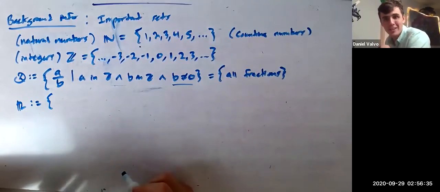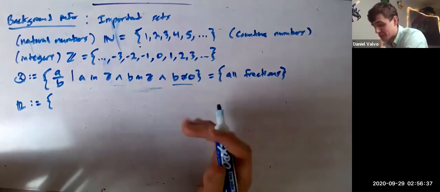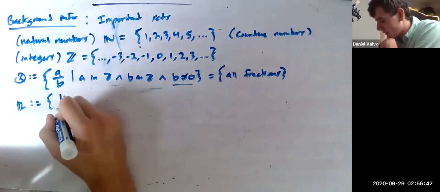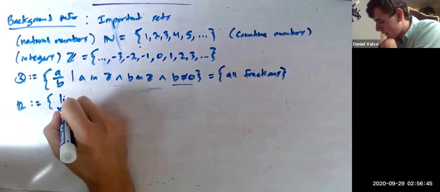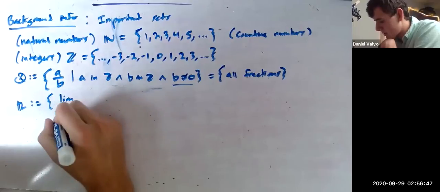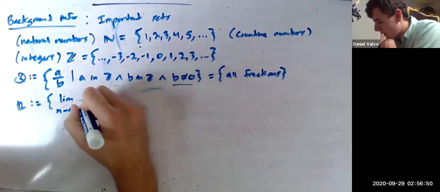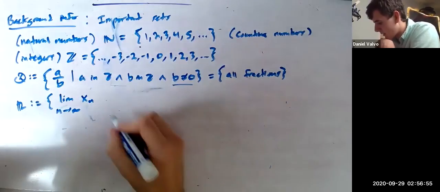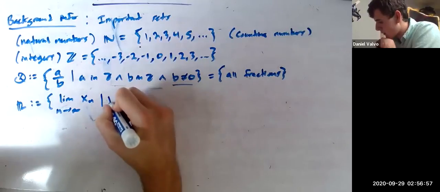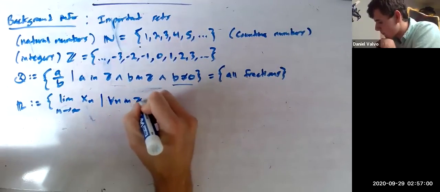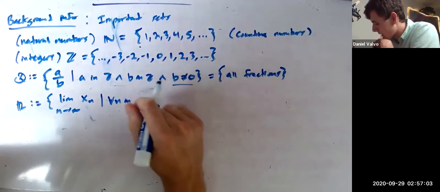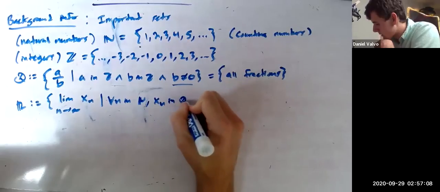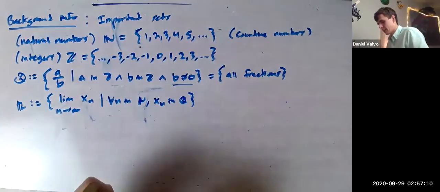You don't have to know this, but I think for some of you that have taken calculus, it's interesting. The real numbers are literally defined as being the limit as n goes to infinity of x subscript n, such that for all n in the natural numbers, x_n is in the fractions.